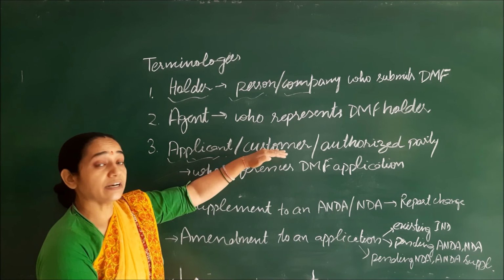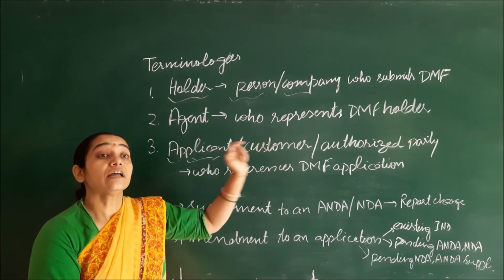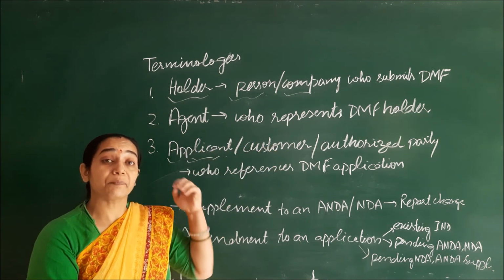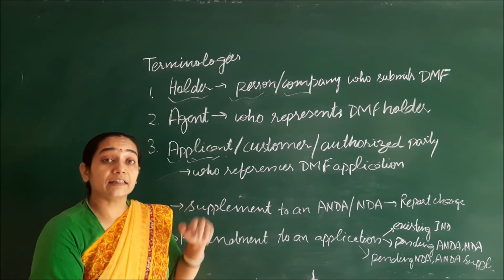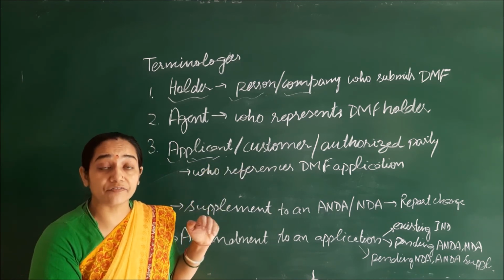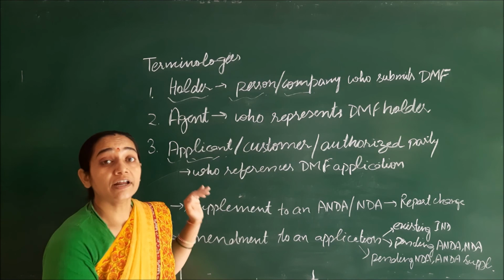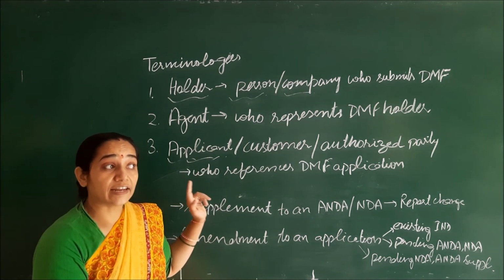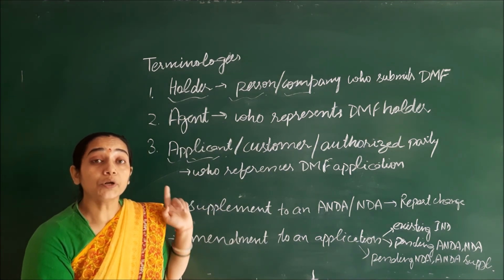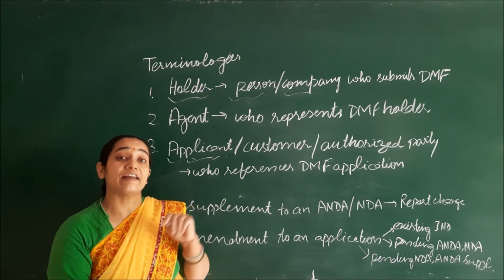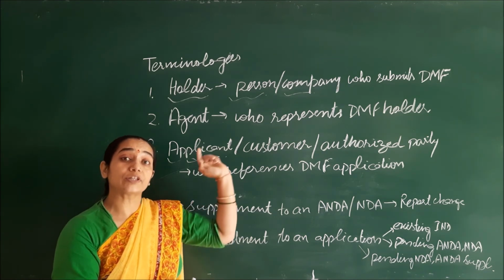Now the customer, means the industry who is purchasing from me, will reference my drug master file in their formulation type 2 drug master file information. Means in the type 2 DMF for the drug product, they will reference the drug master file for the API.